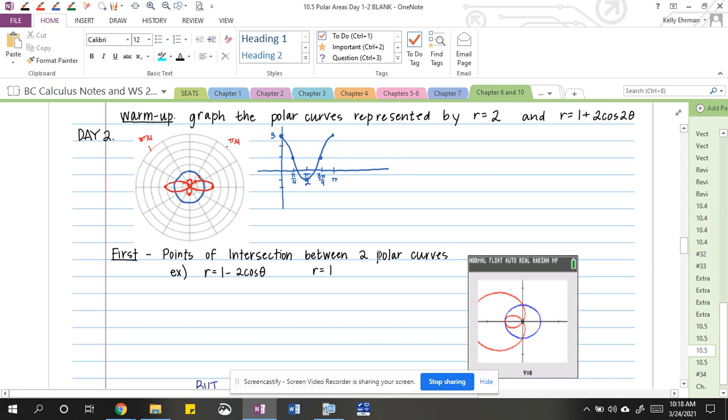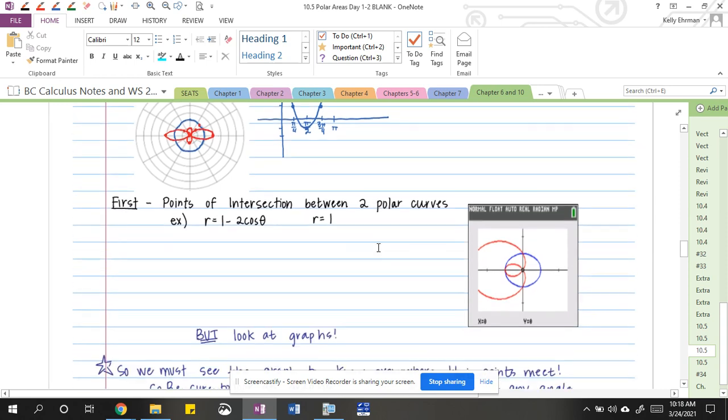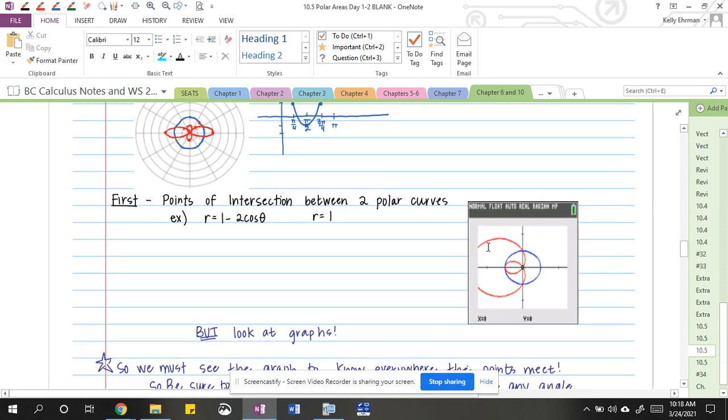How do we find points of intersection between two polar curves? So here's another set of two curves. And here's a graph off to the side. r equals 1 is the circle, so that's in blue. r equals 1 minus 2 cosine theta is the red graph. So remember, you can look at the graphs and see what these points are, and you can verify by checking the angle.